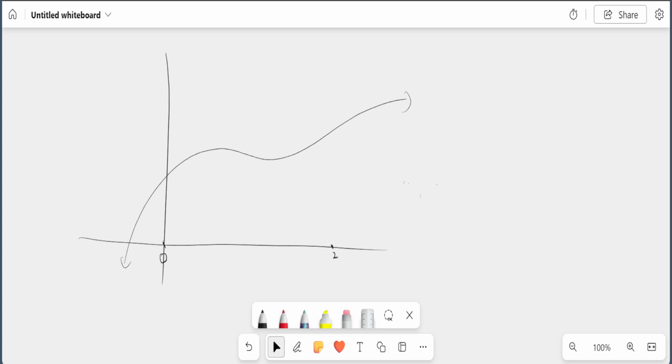What we can do is divide it into rectangles. So let's divide it into 2 rectangles, take the y value at each of these, and make a rectangle out of it.